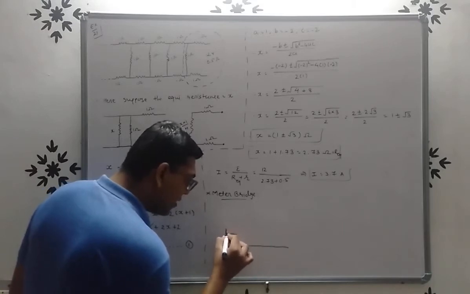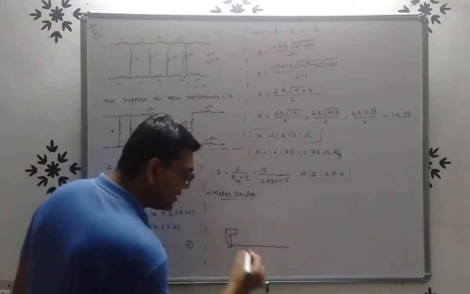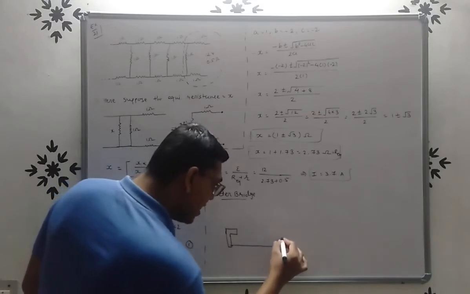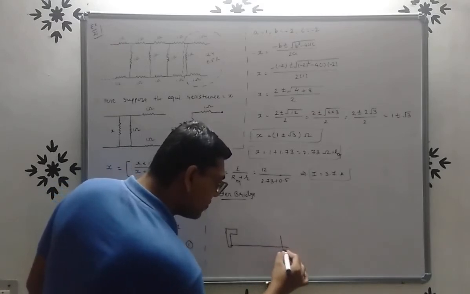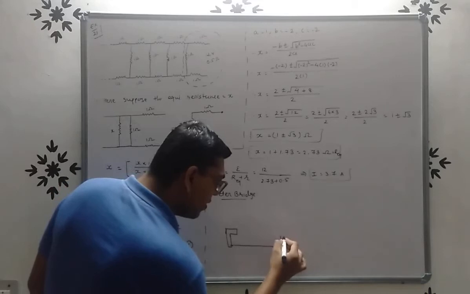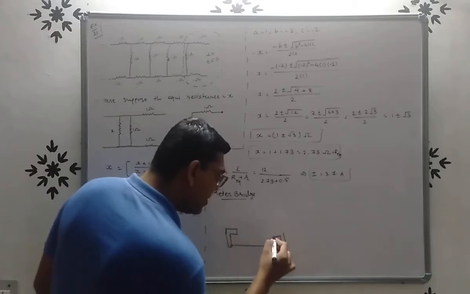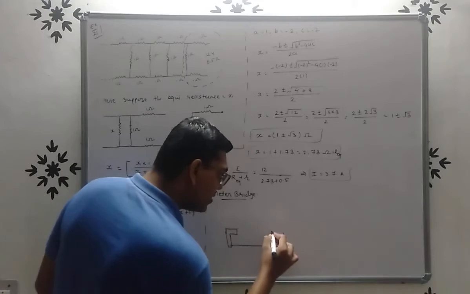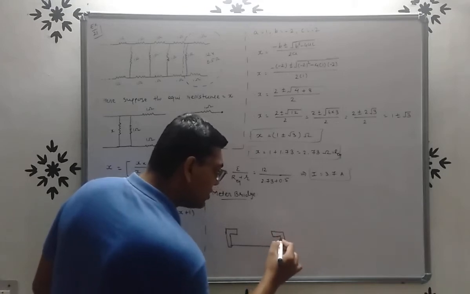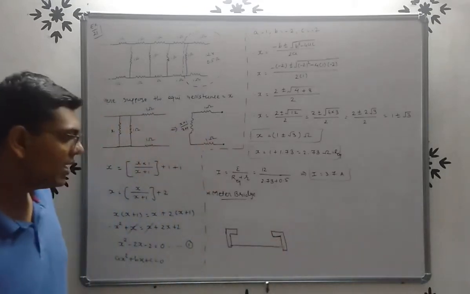This wire having specific resistance and having a length of 1 meter is tied between these two steel plates like this, right?